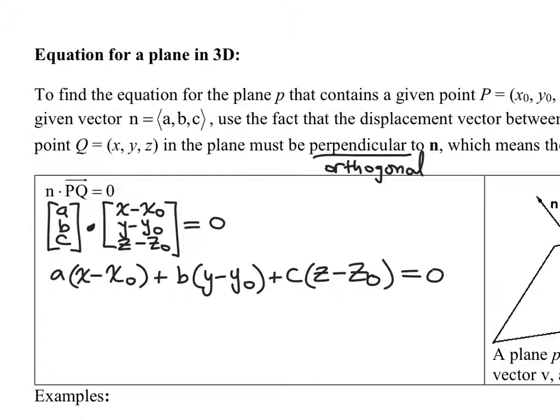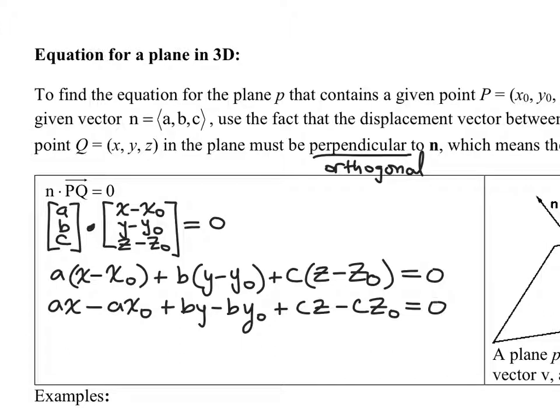I can distribute: ax minus ax sub o plus by minus by sub o plus cz minus cz sub o is equal to 0. Now, big old mess, but within this big old mess is the ABC part, which is the normal vector.